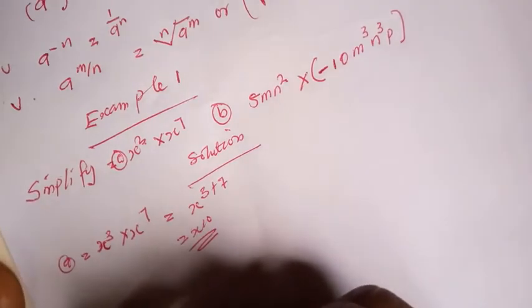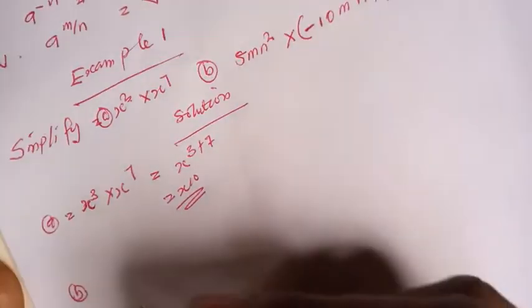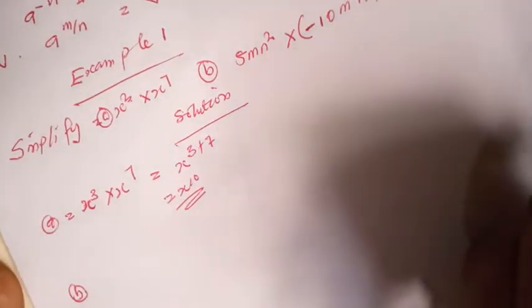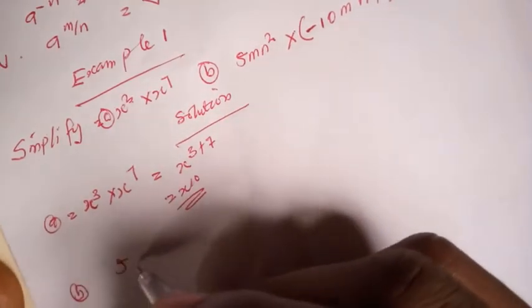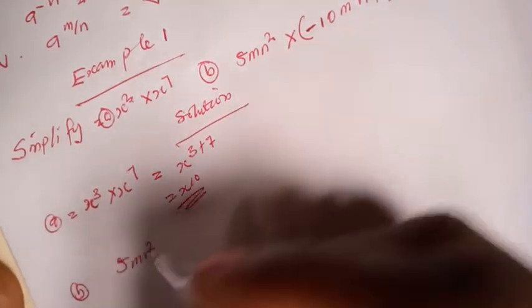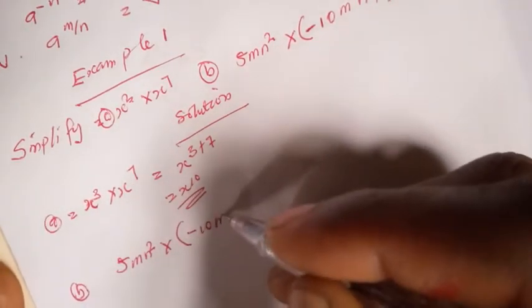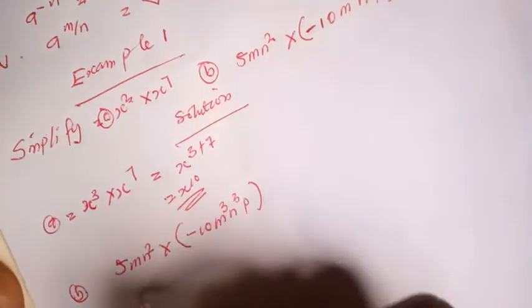Then for b, we'll be saying 5 m n squared times open bracket minus 10 m cubed n cubed p.